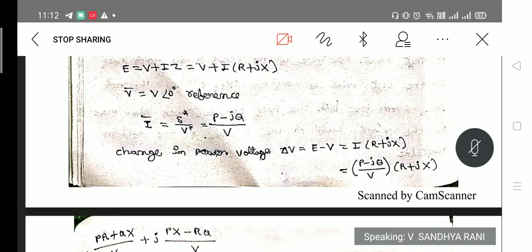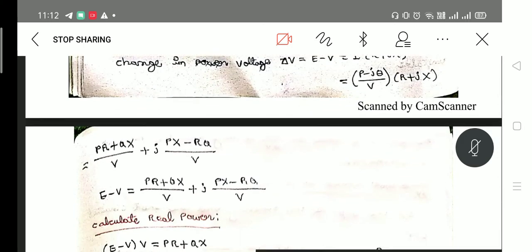From this we multiply these two elements. Then we will get (PR plus QX) by V plus j into (PX minus RQ) by V. This is the real term, this is the imaginary term. First I am taking only the real term to calculate the real power.